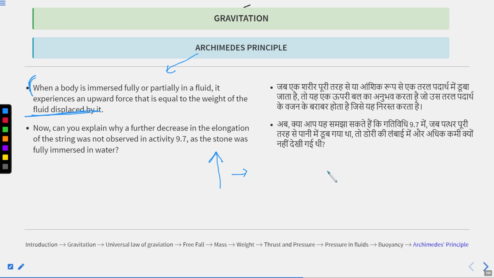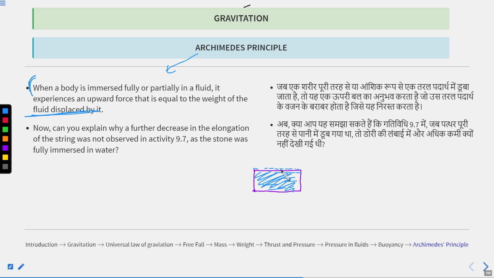Let's suppose there is a container. Let me explain what this line is saying. This is the container, which is completely filled with a liquid, filled to the top.